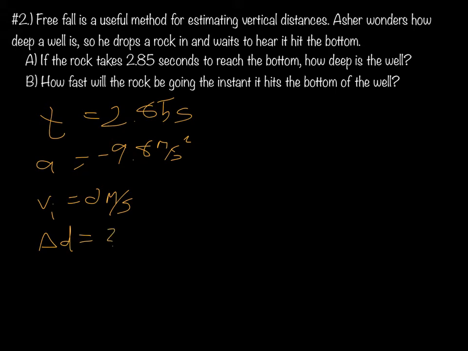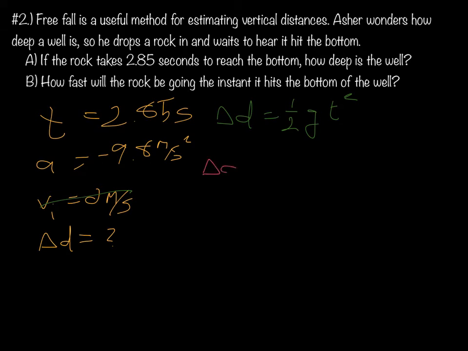So again, we're going to use the delta D equals 1/2 GT squared plus VIT. But since VIT is 0, I'm just not going to bother writing it this time. So if I want to know how deep the well is, I don't even have to do any algebra because it's already solved for that.